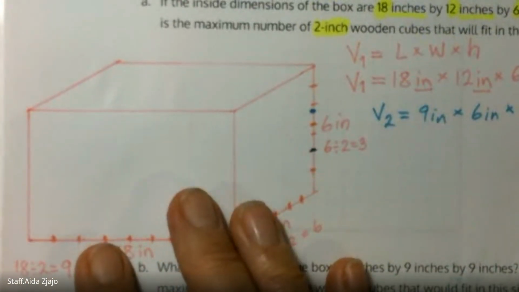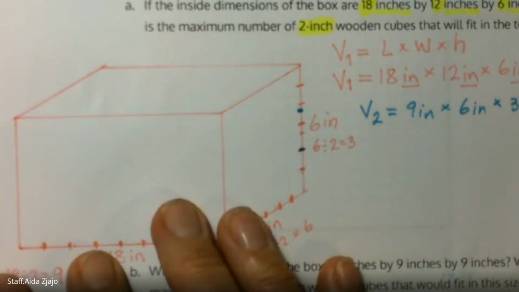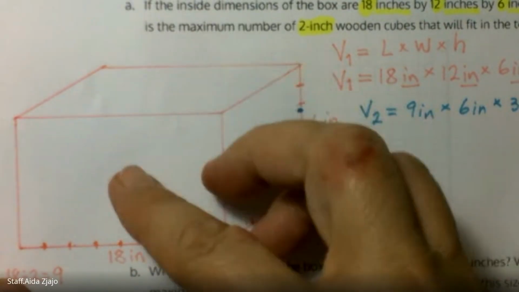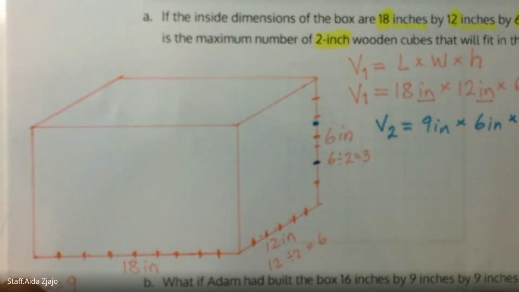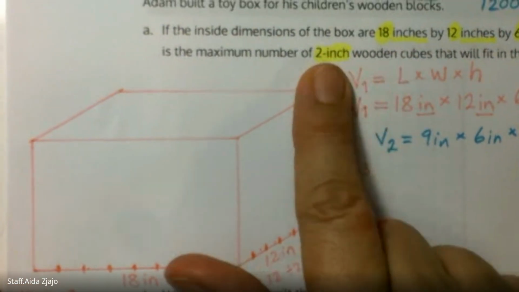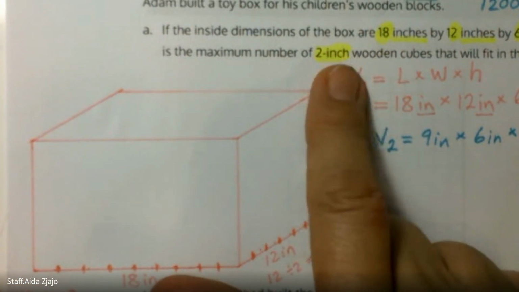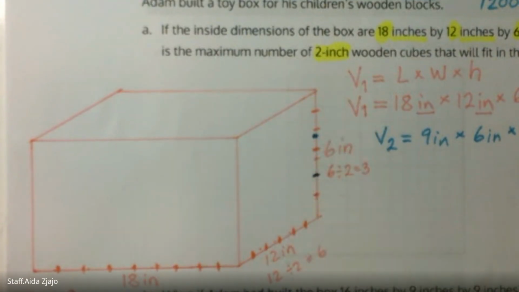Now, we are just halfway through. We know this is the volume of this prism or box, but inside we need to put the cubes that are 2-inch wooden cubes. So that is the key, 2-inch. Now we need to find the volume of one of those cubes.